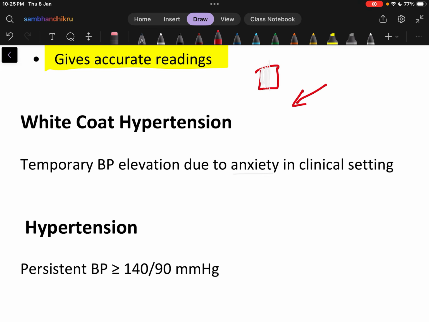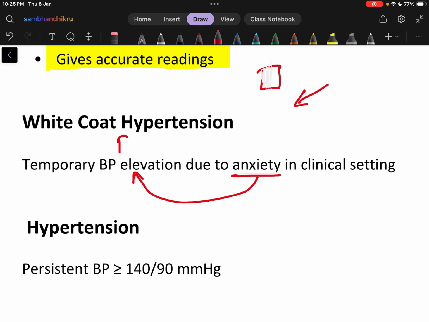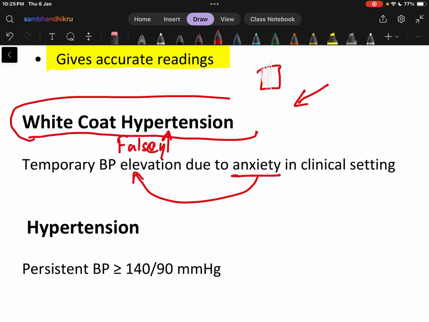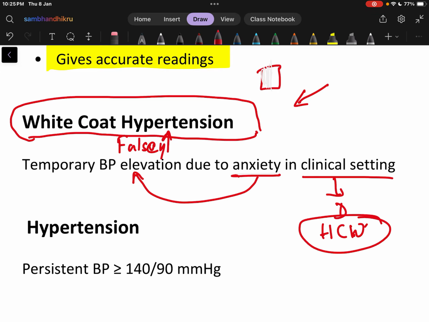Due to the anxiety your BP may elevate temporarily, that is also a falsely high BP. But you should not just say falsely high BP, because that will vary for everyone. So a temporary BP rise due to the anxiety of the clinical setting, or due to doctors or healthcare workers, is nothing but white coat hypertension.